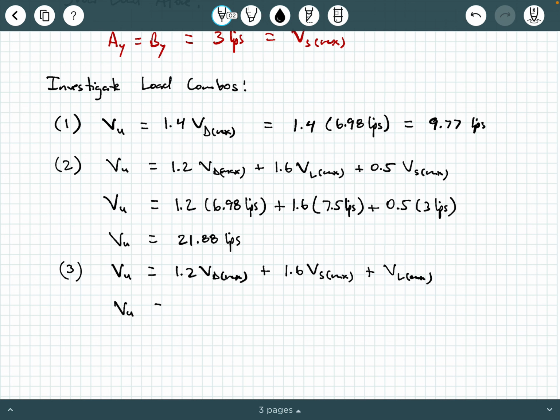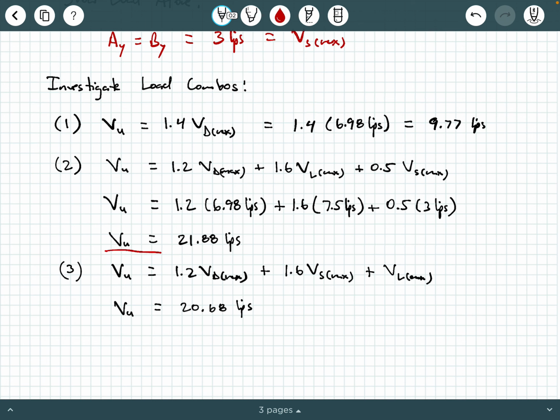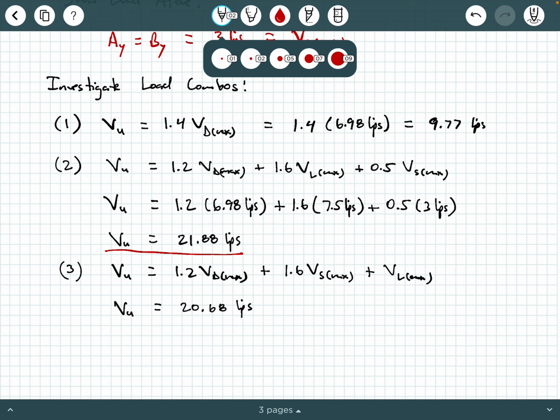So this load combo 3, let's see what we end up getting. 1.2 times 6.98, and then we add to that 1.6 times 3, and then we add to that just a 1.0 times 7.5, so we get 20.68 kips.